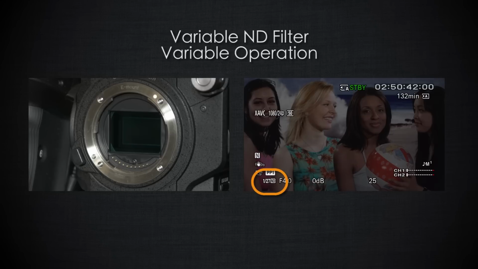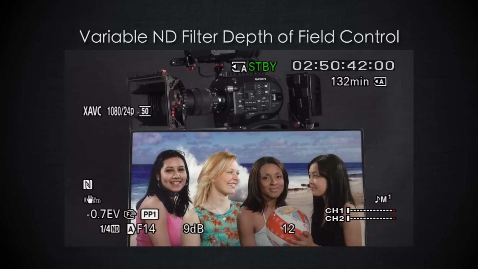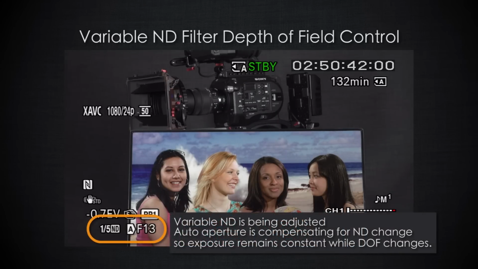This is particularly useful if you're using the FS5 with lenses where the aperture operates in steps, because the ND filter is visually stepless. You can't see the steps of the ND as you make that adjustment. It's also particularly useful for controlling your depth of field, because with the variable ND filter you can use the lens's aperture to set your depth of field.